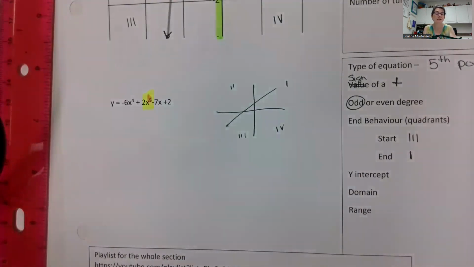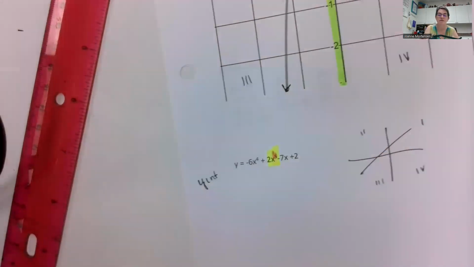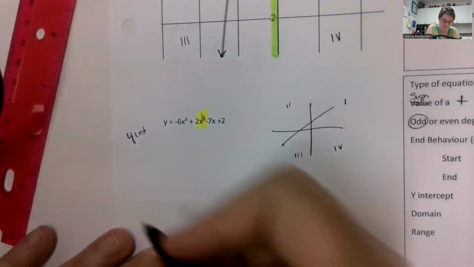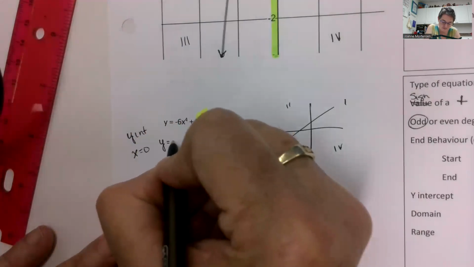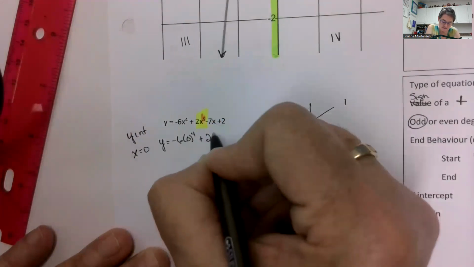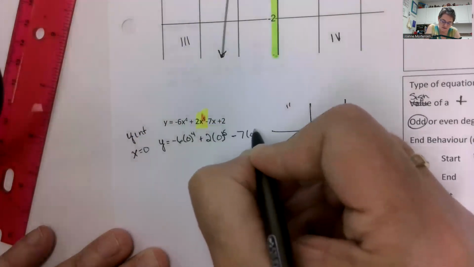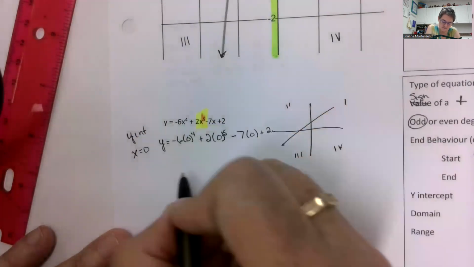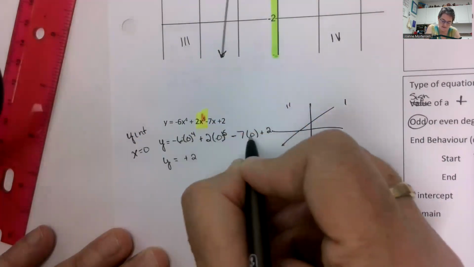Okay, so the y-intercept, x equals 0. You can calculate it. X is equal to 0. So we're going to plug in a 0 everywhere there's an x. So y is equal to -6 times 0 to the 4th, plus 2 times 0 to the 5th, -7 times 0, plus 2, is equal to plus 2, because all of these disappear.